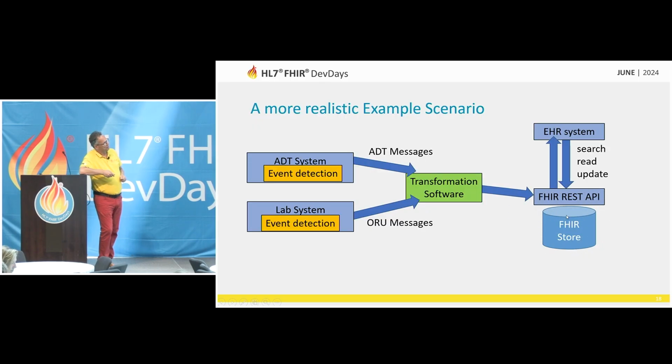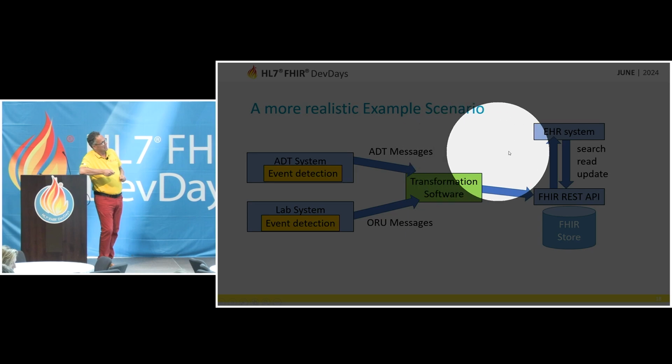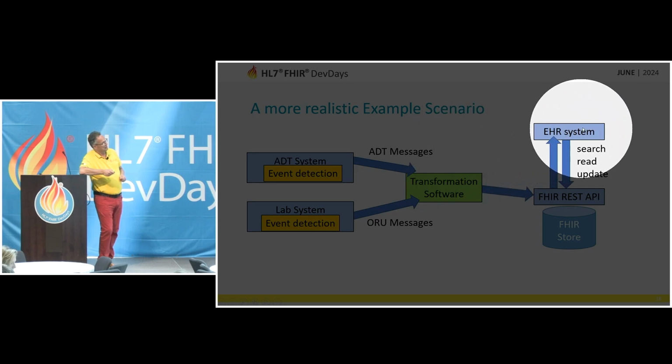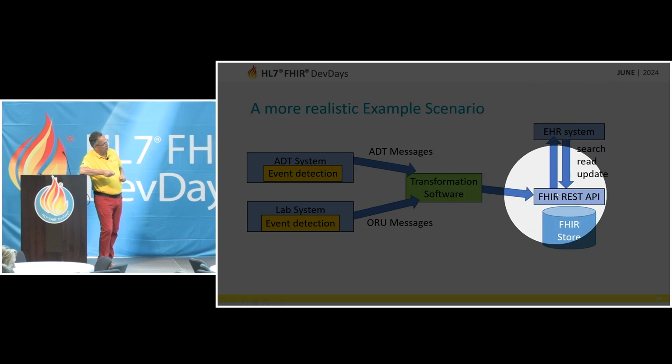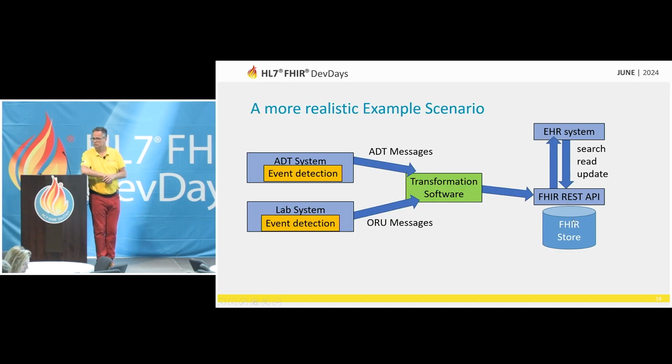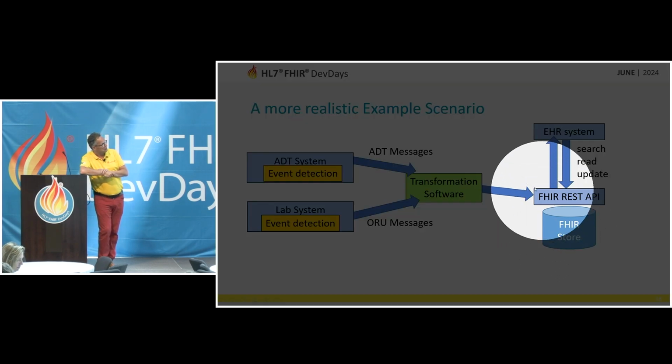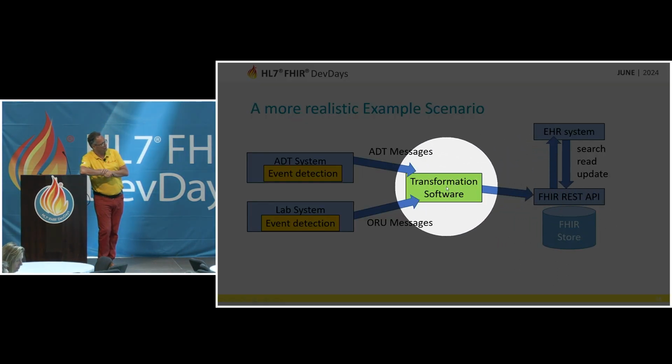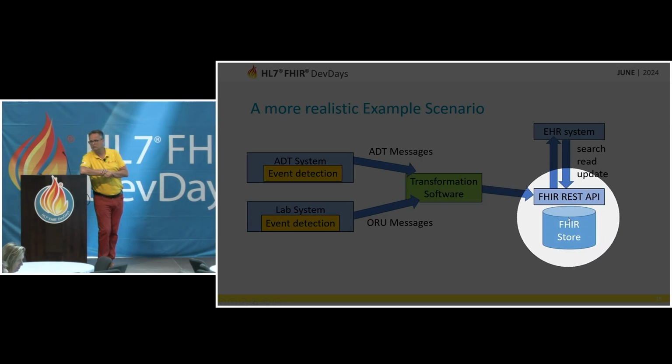But at the same point in time, let's say we have an app or an EHR system that supports FHIR, and they are also exchanging and updating this very same FHIR store. But that means that as a translation system, I have no full control over what happens there.